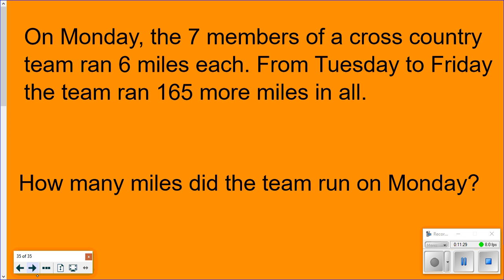So let's look at how many miles the team ran on Monday. In your notebook, write an answer sentence for this question. How many miles did the team run on Monday? You should be using those words in that question in your answer. Right, Gavin?